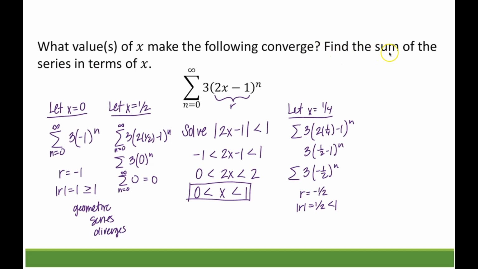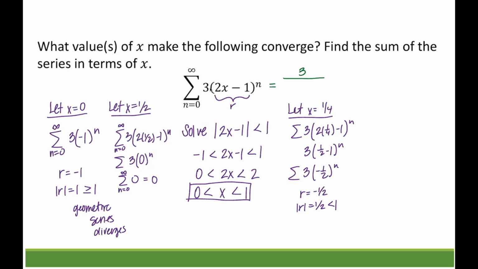Now find the sum of the series in terms of x. Well, we know that the sum of a geometric series is a over 1 minus r. So here, this infinite series converges for values between 0 and 1. And what does it converge to? So a, the first term, if I substitute in 0 into n, this whole thing becomes 1, so I just get 3.